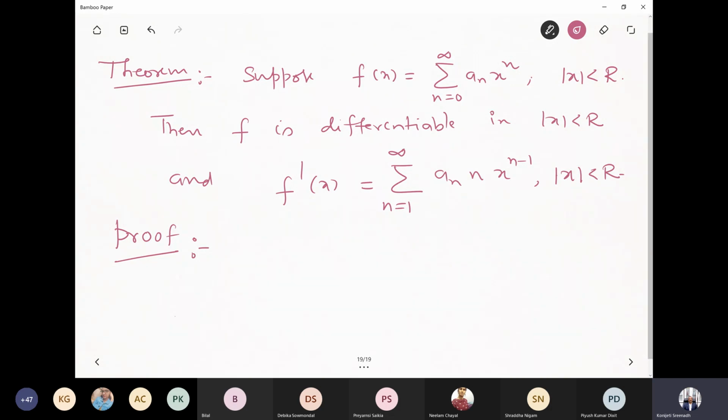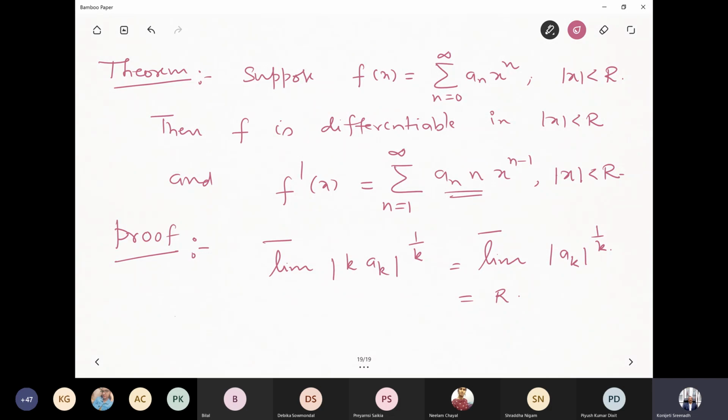That is the limit of k, a k, these are the coefficients here, power 1 by k. So k power 1 by k goes to 1. Therefore, this is going to be the lim sup of mod a k power 1 by k. And we know that this is equal to r, because the power series converges.